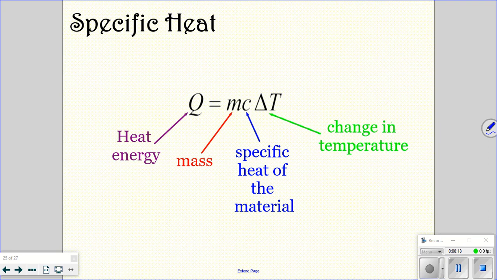So this is our formula we're going to use. Our heat energy is equal to the mass times the specific heat of whatever material you're working with, and then the change in temperature. Now, the change in temperature does have to be in either Celsius or Kelvins.